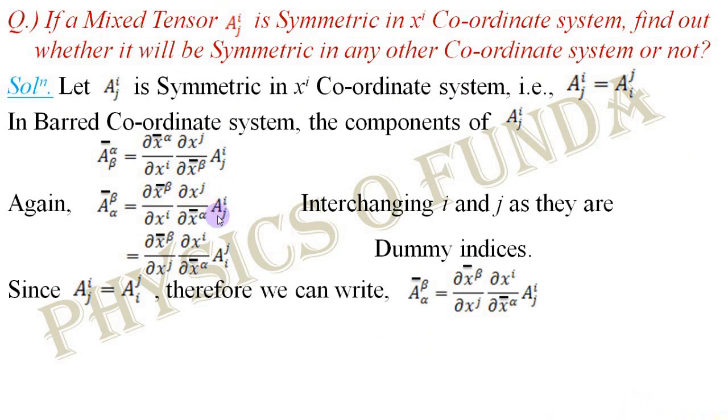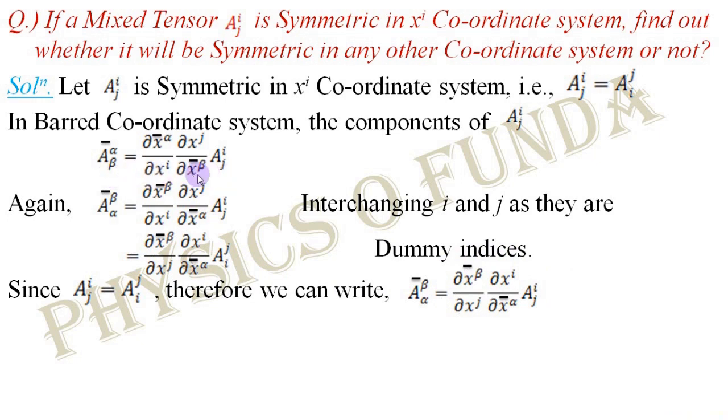Now, Aij is a symmetric mixed tensor in unbarred coordinate system. So we can replace Aij like Aji. Aij is equal to Aji. So we get Aij in place of Aji. But if we rearrange the differential term, then we can't get back the right hand side of this transformation equation.